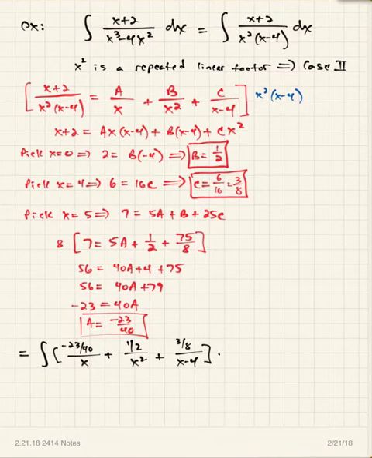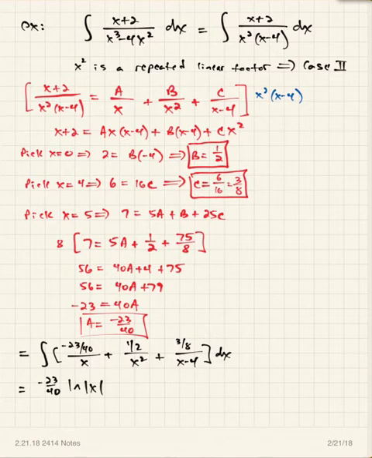And even though that looks a lot worse than the original problem, that's actually a very, very simple integral, because the negative 23/40 in the first term does not affect anything. That's just a constant, and so you have dx over x, which is just natural log of x.